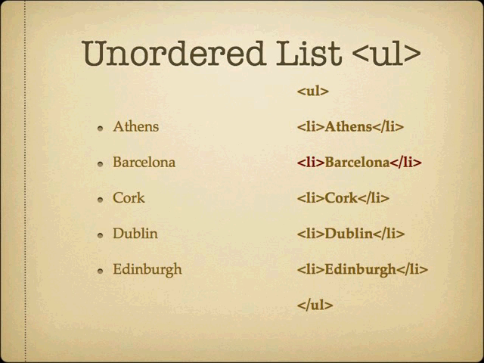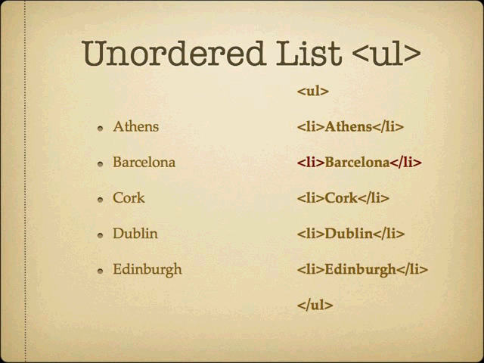So now we go on to the next item. So we have LI, Barcelona, and then /LI to finish it off. We go on to the next item, LI, Cork /LI, and then the next one, LI, Dublin /LI, and then LI, Edinburgh /LI. So we have the unordered list set up here with the begin UL and then the end UL tag at the end.